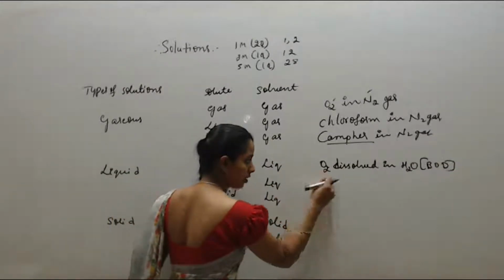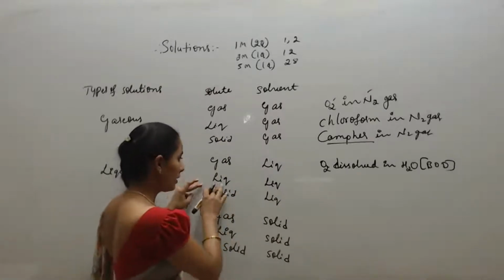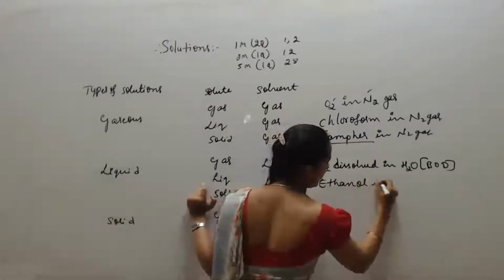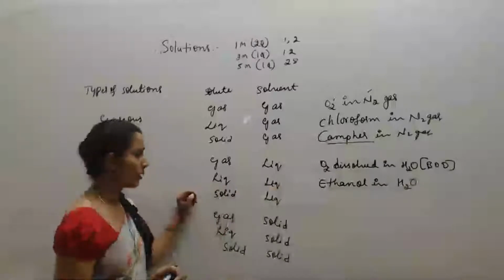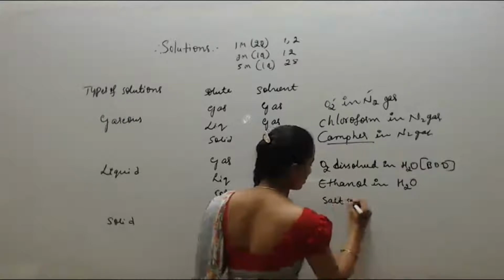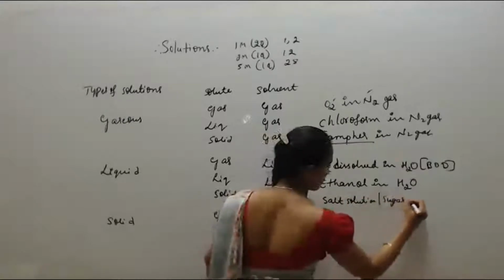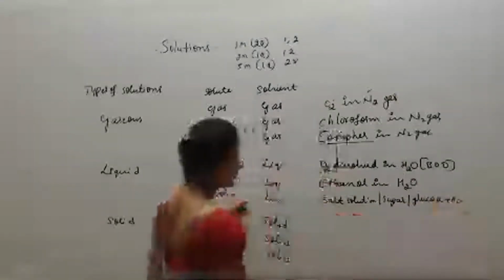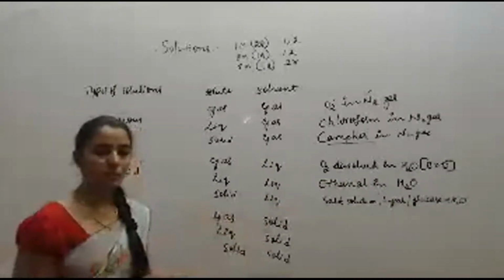So that is what the O2 dissolved in water gives, a gas liquid solution. Next, liquid: ethanol in water. So solid liquid means the solute must be solid. It must be a salt solution, sugar solution, or glucose dissolved in water.